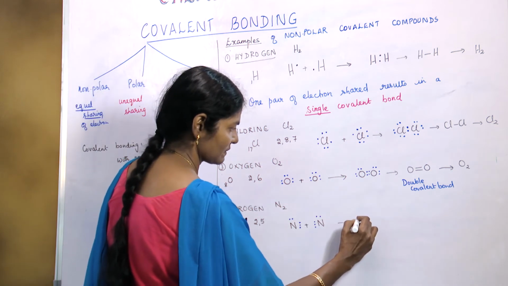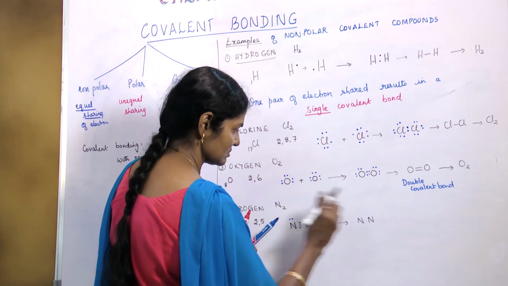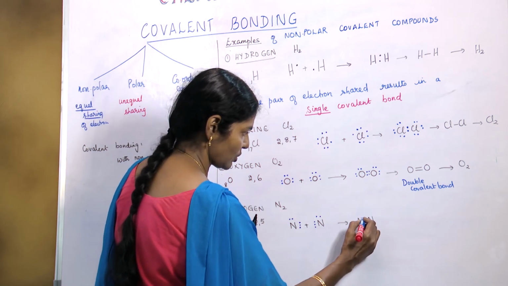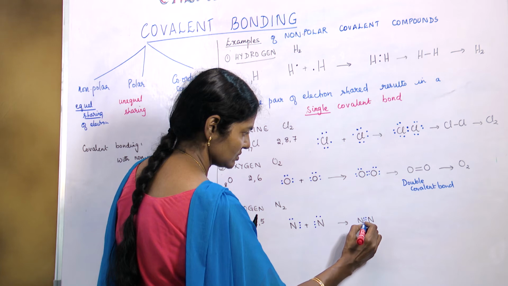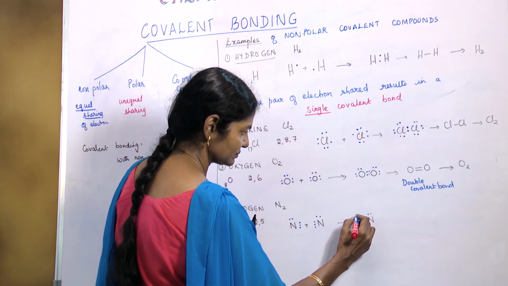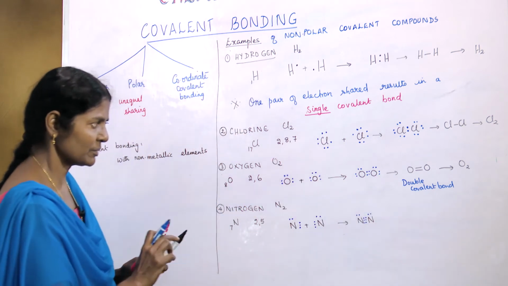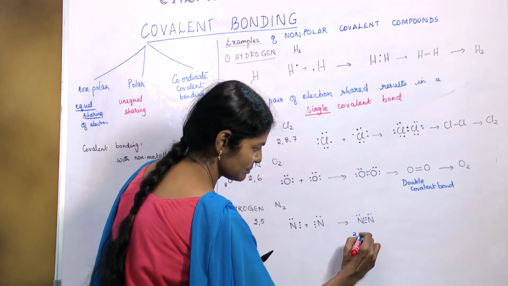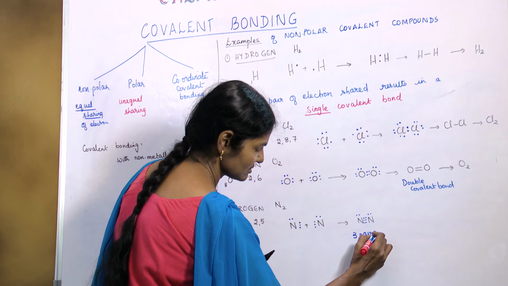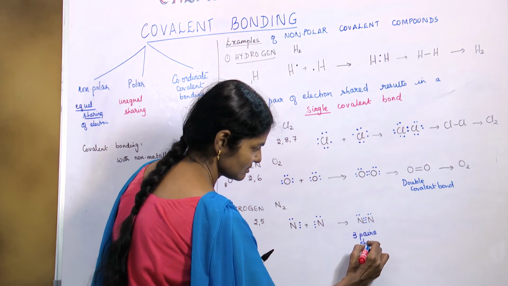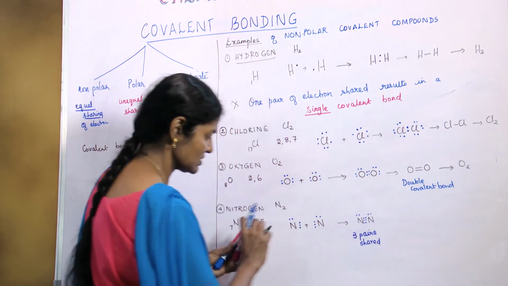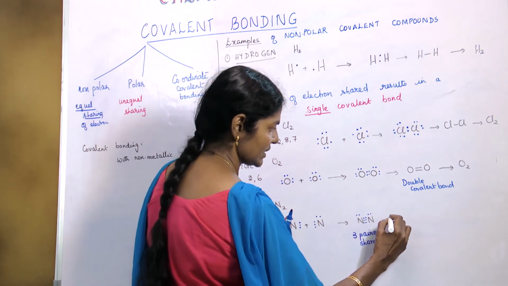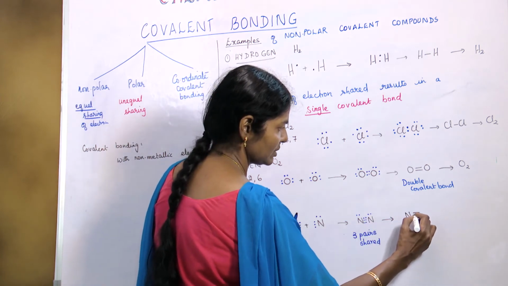So, when they are bonding, they bond this way. How many pairs are being shared? There are 3 pairs. Because of 3 pairs, there would be a triple bond.